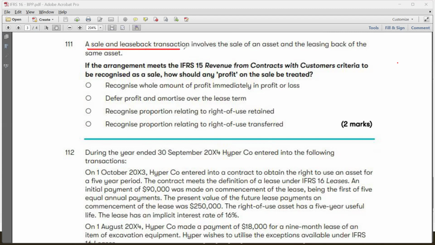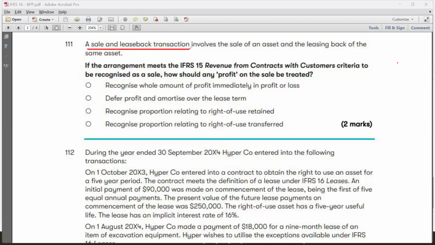Whenever we have a sale and leaseback transaction, we have an asset that has a different total life and we lease it back for a different period. So we will consider that some part of the asset has been sold or transferred, and some part is kept or retained.